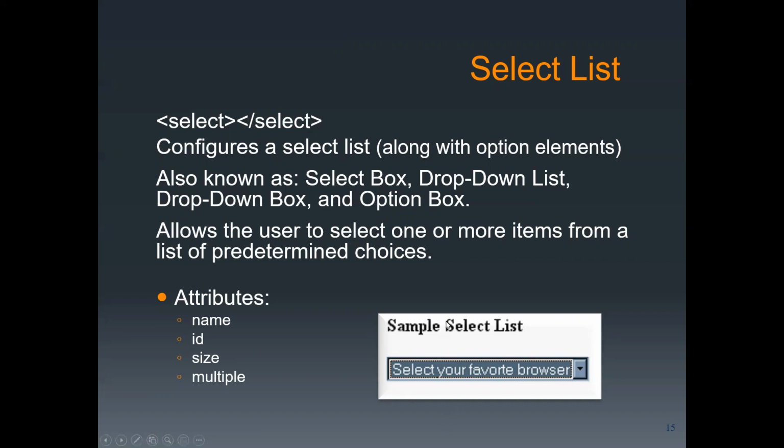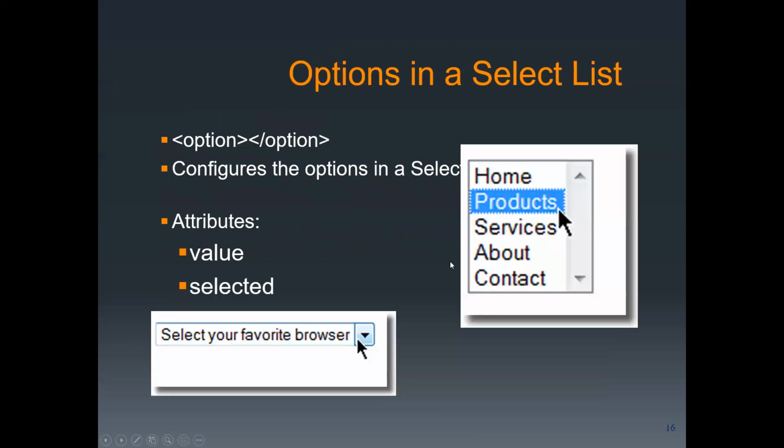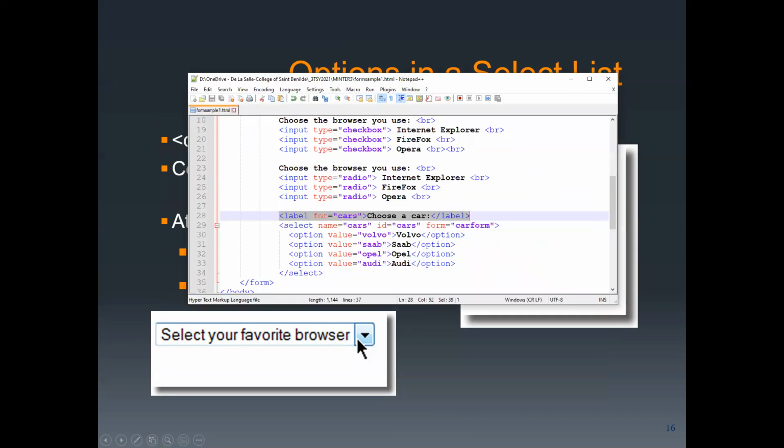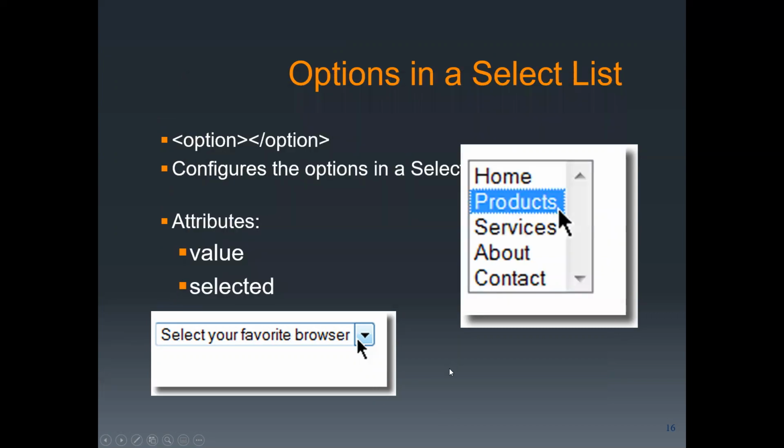Sige. Okay. So let's have another one. Option. So si option, ito yung parang sa example natin, di ba? Ito yung ginagamit ni select so that you can choose. Kahit ilan yan pwede. So dito 4 lang yung sample natin.